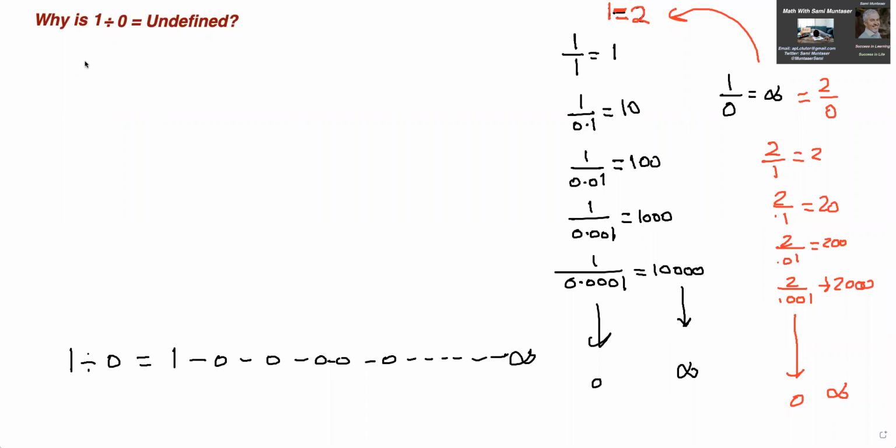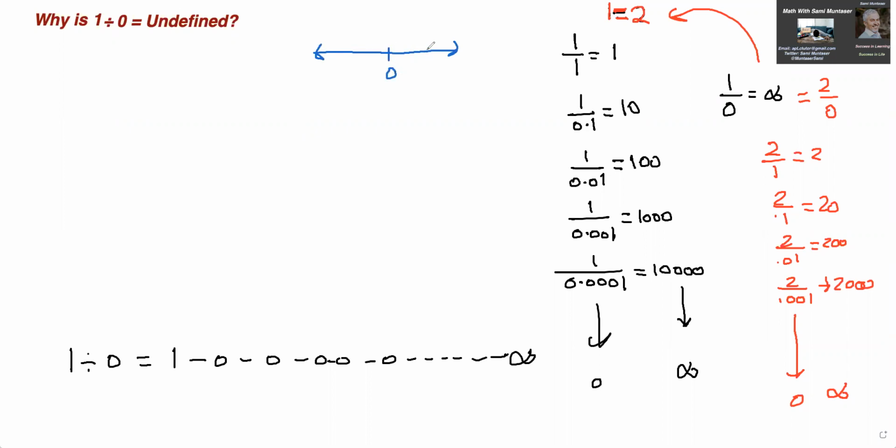So again, we've been told, by mathematicians and teachers, that 1 divided by 0 is undefined. They never told you it equals infinity. Why is that? So you see on the number line, there's the 0 here.